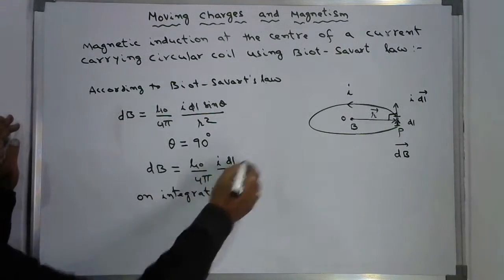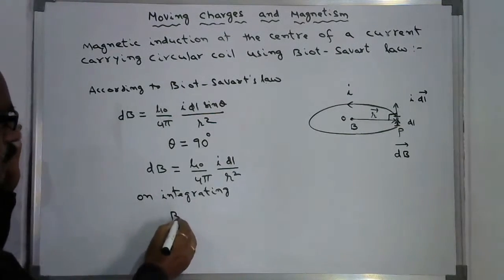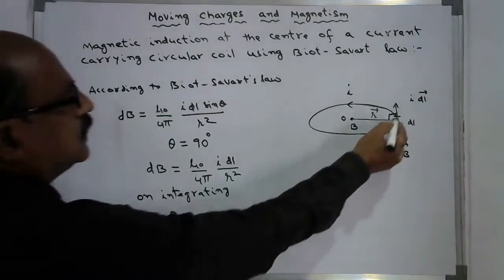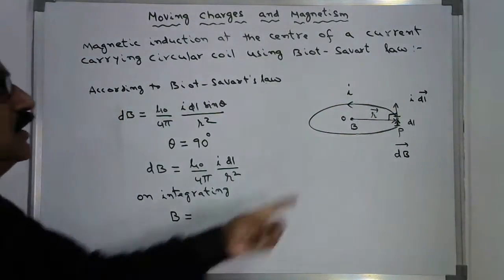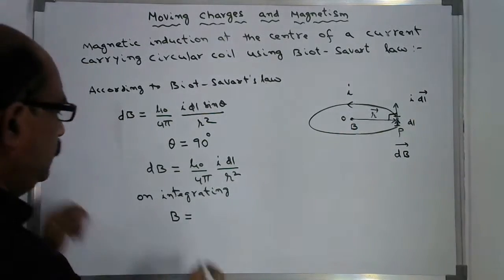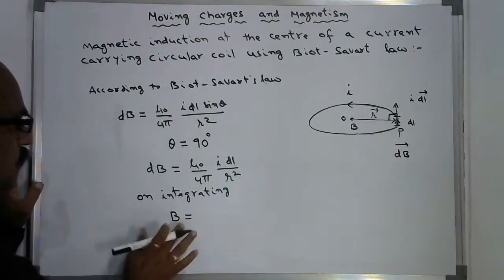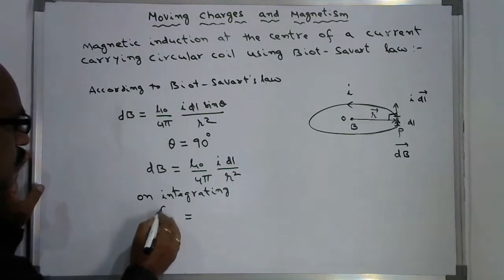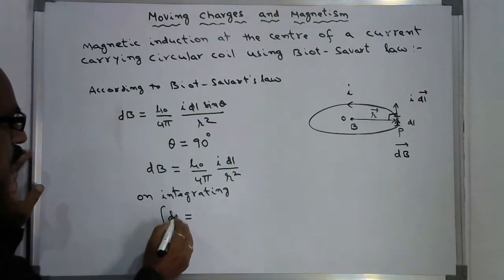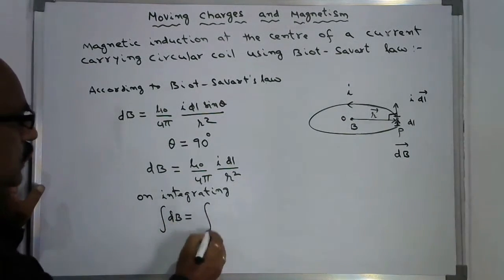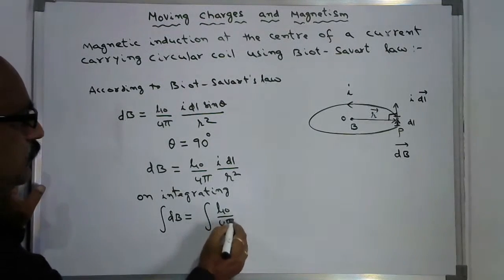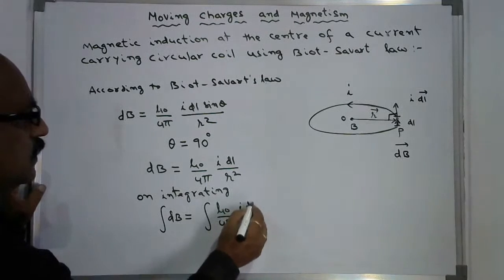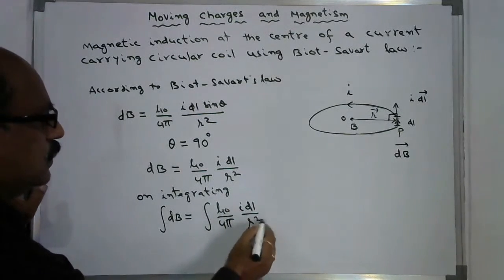Integrating this part throughout the circular path, we can get the total magnetic field at this point. So on integrating, integral dB is equal to integral of mu naught by 4 pi, I dl by r square.